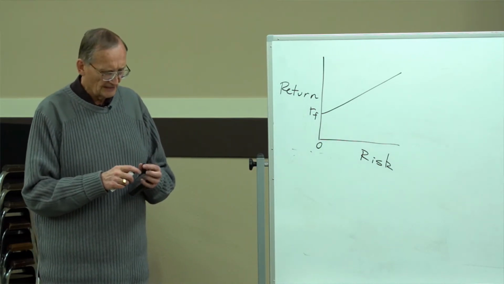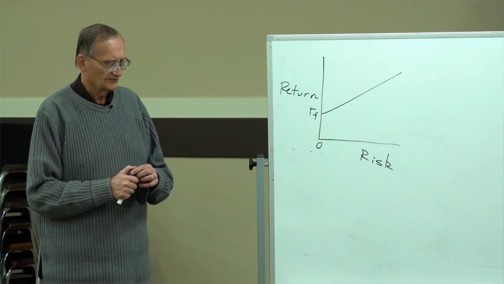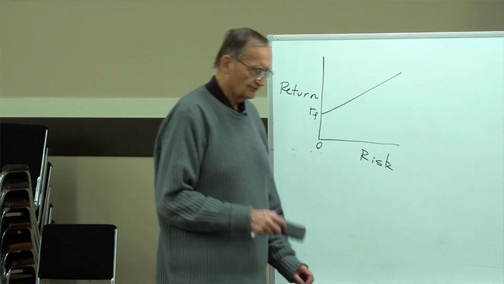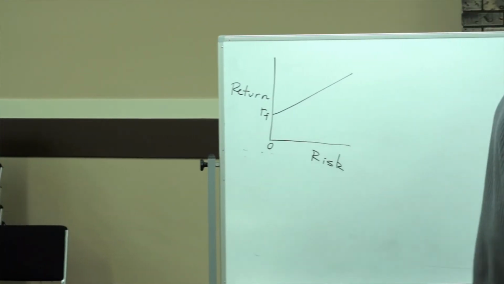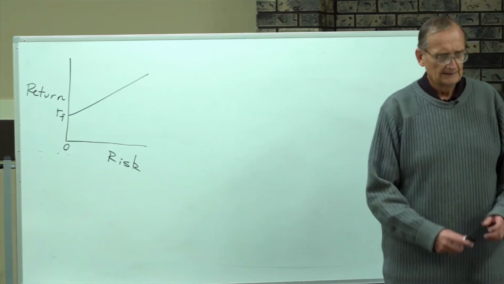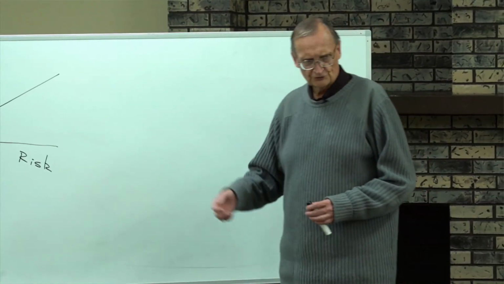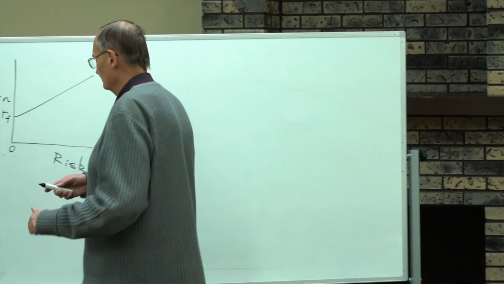So what you're seeing there is quite a classic diagram that's done in any finance investment course. And it talks about rates of return that you're going to get on investments.